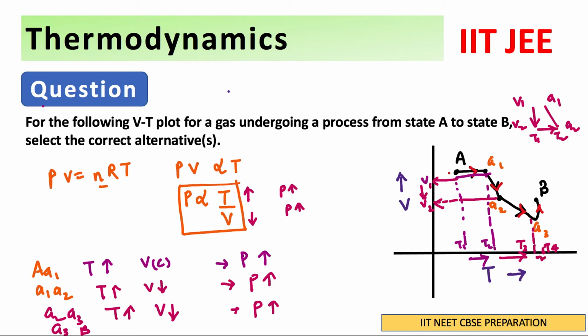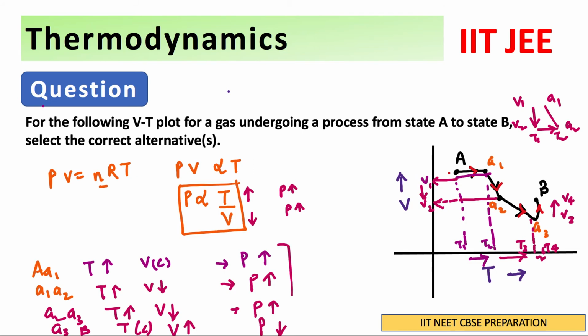But volume has increased from V3 to say V4. So we will say temperature is kind of constant, but volume has actually increased. So what happens if volume increases? Come back to the formula. Volume is inversely proportional to pressure. So if volume is increasing, pressure is going to decrease.